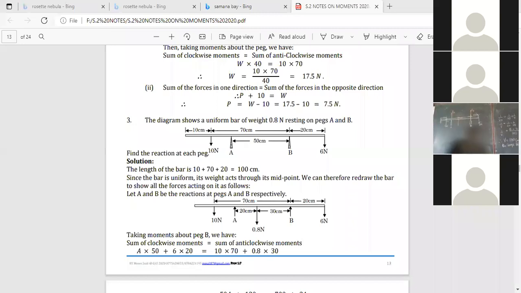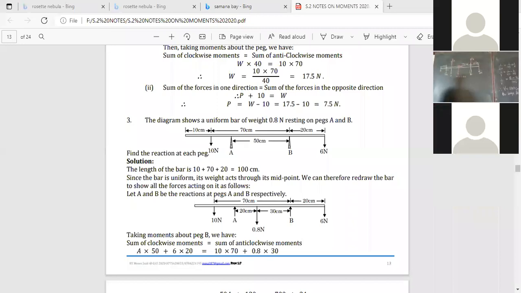Here I'll put the weight W, which has been given as 0.8 newtons. I know the length of this bar is 100 centimeters.